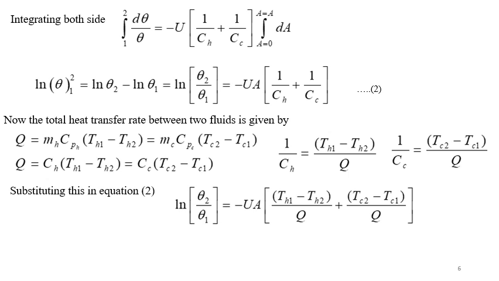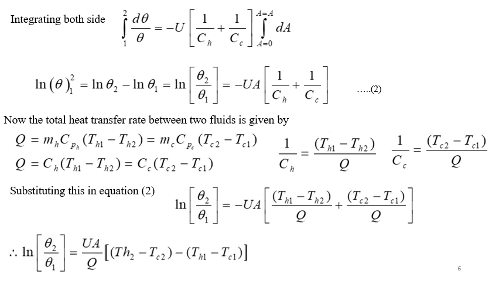So Q is a common denominator, so we can take it outside and rearrange this equation. In parallel flow, the entry is the entry of the fluid at one end and the exit of the fluid at the other end.